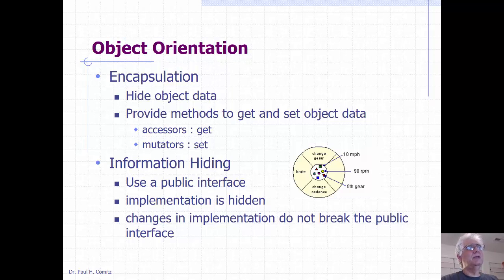The beauty of encapsulation and information hiding is, if for some reason we needed to change the implementation inside our object, in the engine, if you will, changes in implementation would not break or ripple through to the public interface. So we can make changes, and these changes are transparent to users of our classes and objects.